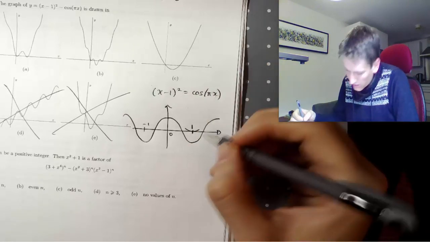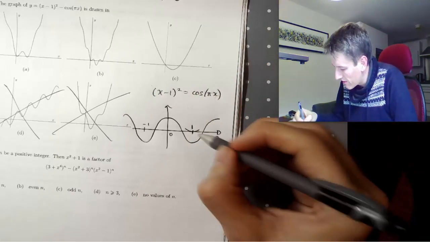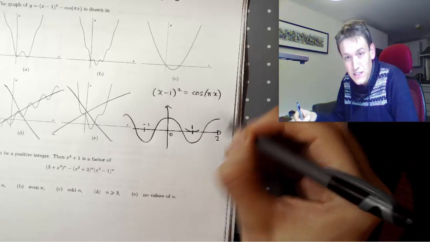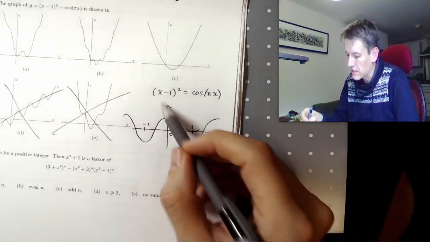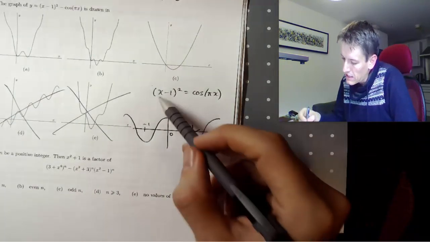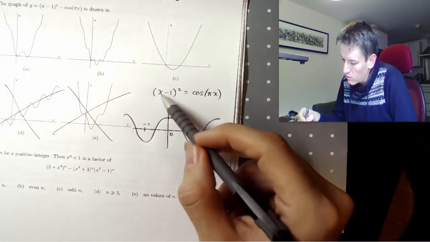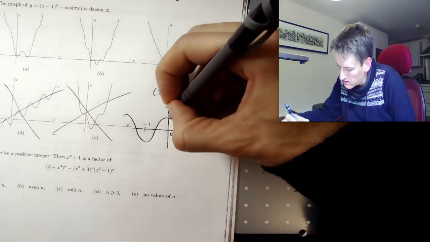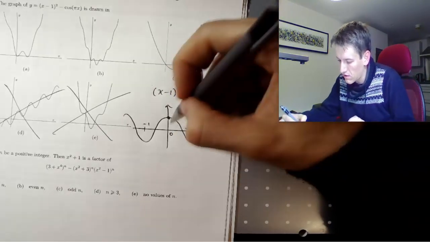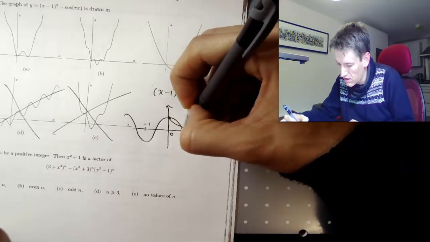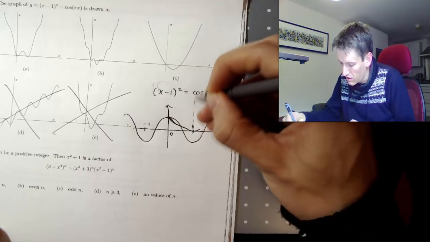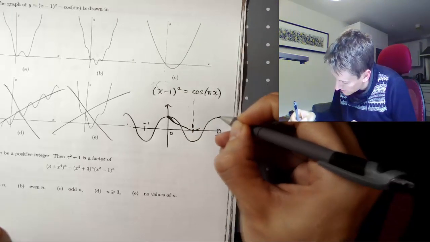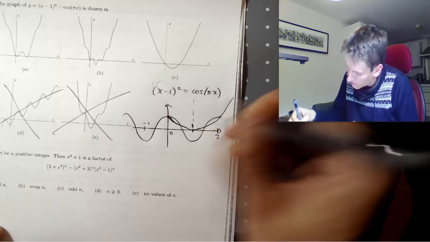Now we've got to think very carefully about whether this graph is going to intersect here or not. If we think in more detail about (x minus 1) squared, when x equals 0, y equals 1, so it intersects the other graph just here, and it's got a line of symmetry here as well, so it's also going to intersect the cosine graph over here.